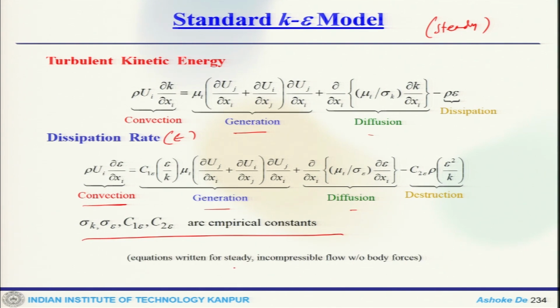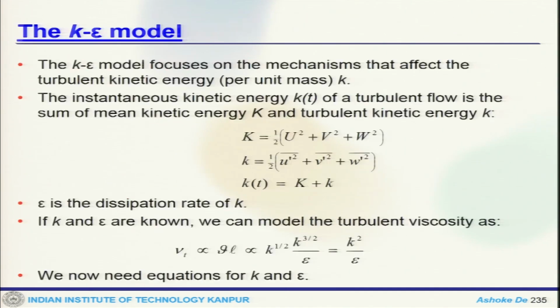As I said, this is written for steady, incompressible flow with no body forces. So, that is your two equation model. Now, the k epsilon model focuses on the mechanisms that affect k per unit mass. So, this is how you get the kinetic energy, and finally, nu t is estimated like k square by epsilon.